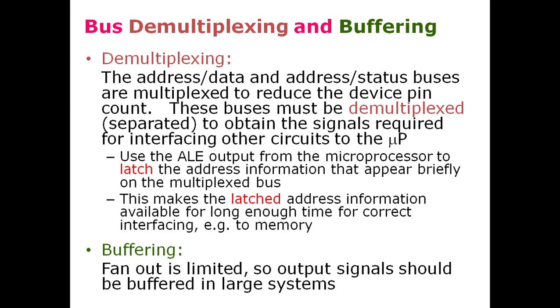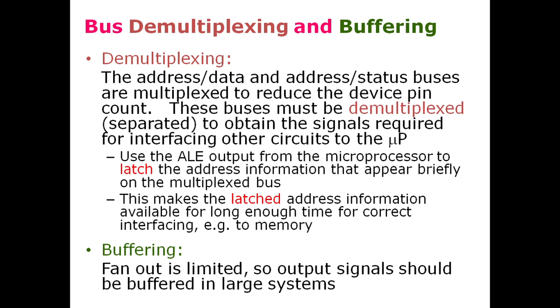So to relieve those pins from the address for the data, they should be separated, so that those pins should be ready for sending data immediately after the address is sent. And for that purpose, demultiplexing is used. The address latch enable pin plays a significant role in demultiplexing address and data pins from each other.